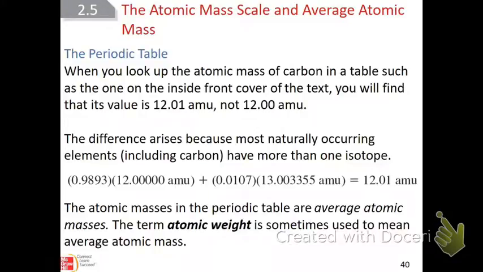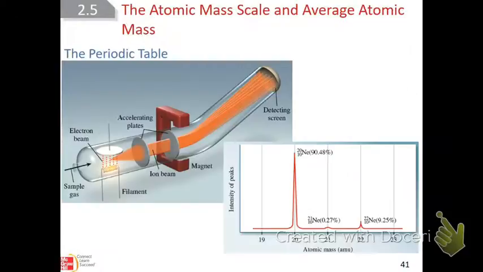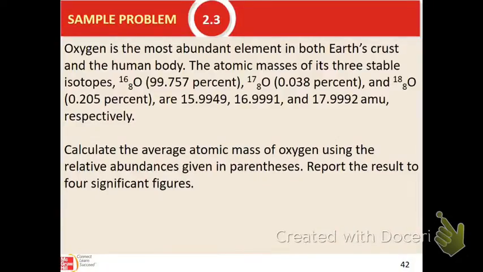Let me see if I can find you an example. There we go. The book talks about this scale right here, but it's not going to be near as important as actually being able to do this right here. Okay, here's a sample problem that you're going to be able to find in your book on page 51 in your text.